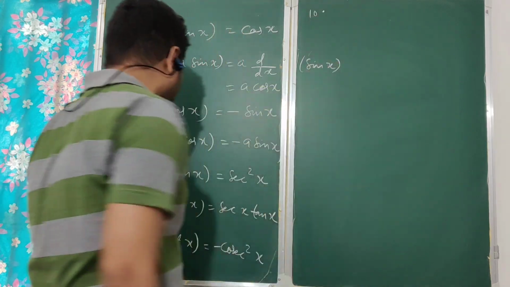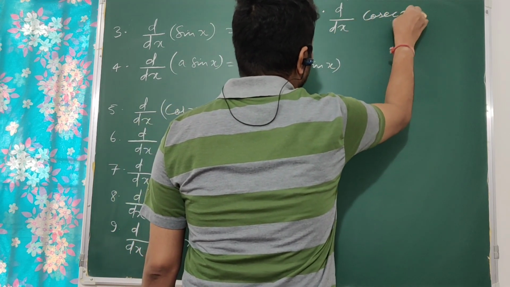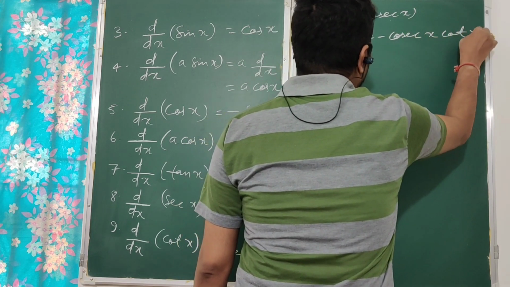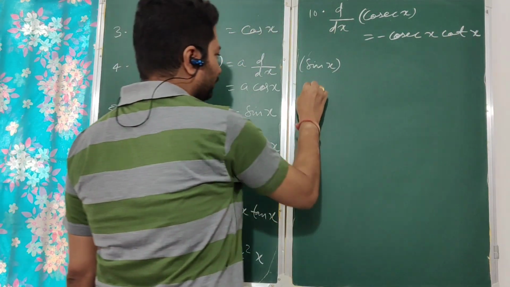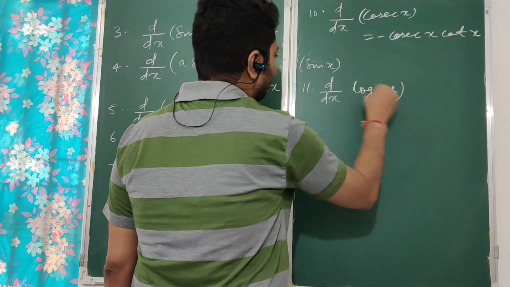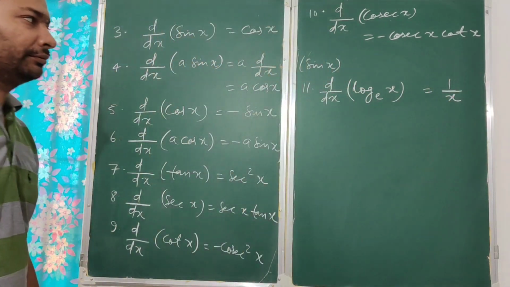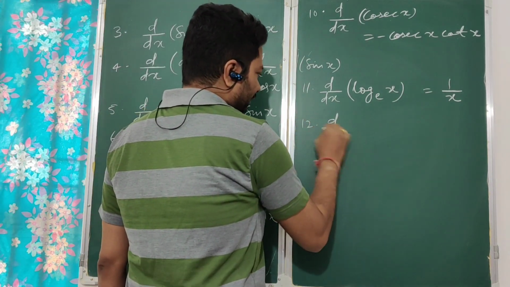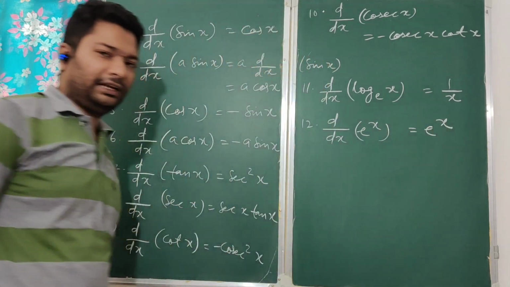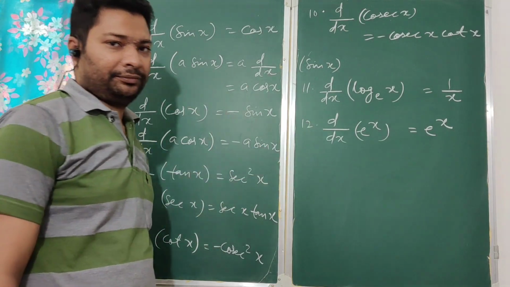The next function, the tenth one, d by dx of cosecant x, is equal to minus cosec x cot x. Then d by dx of log to the base e of x, also called natural log of x, is equal to 1 by x. Next, d by dx of e to the power of x is the same. This exponential function does not change. It is equal to e to the power of x.